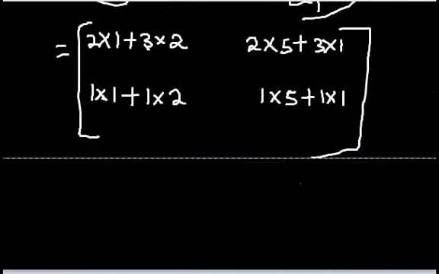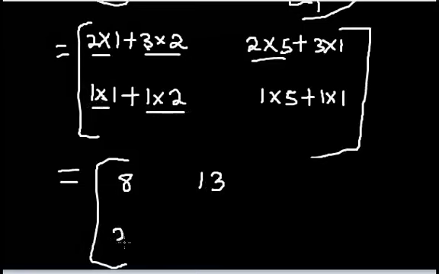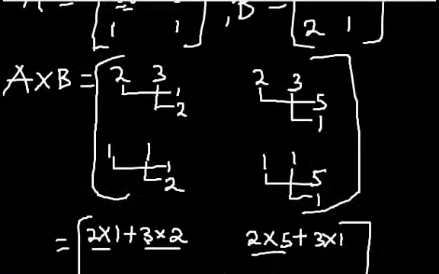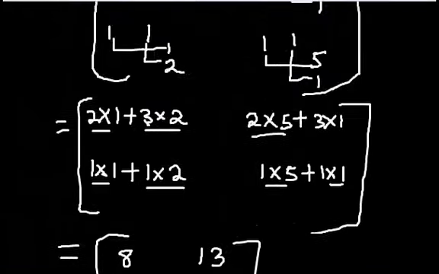So now my resulting matrix is going to be equal to 2 plus 6, and that should be 8. Here, 10 plus 3, this should be 13. Here, 1 plus 2, this should be 3. Here, 5 plus 1, and this should be 6. As simple as that.